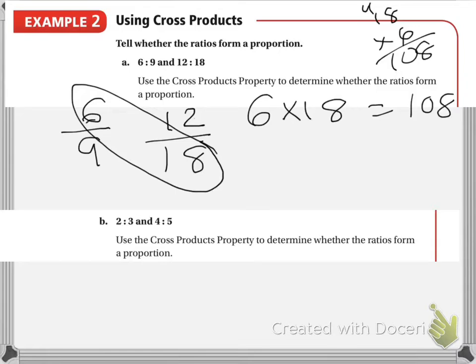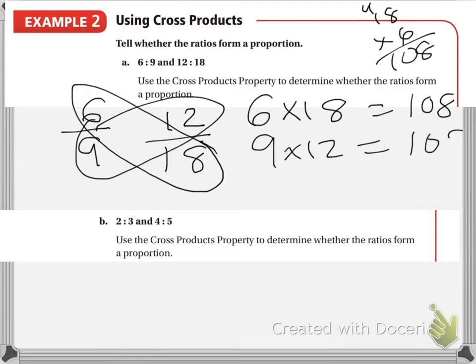Then I would do my other diagonal, 9 times 12, which is one of my basic facts, and that's 108. Since when I did the cross products they both came out to 108, I know that 6 to 9 is a proportion to 12 to 18.